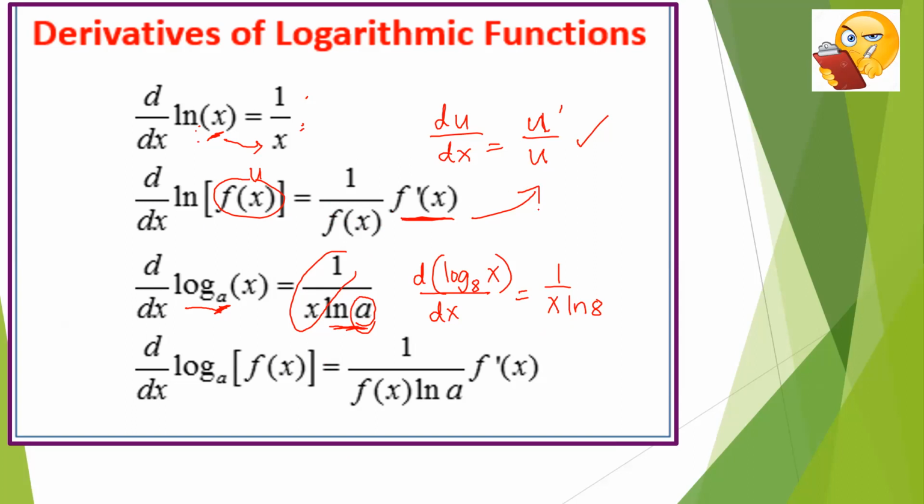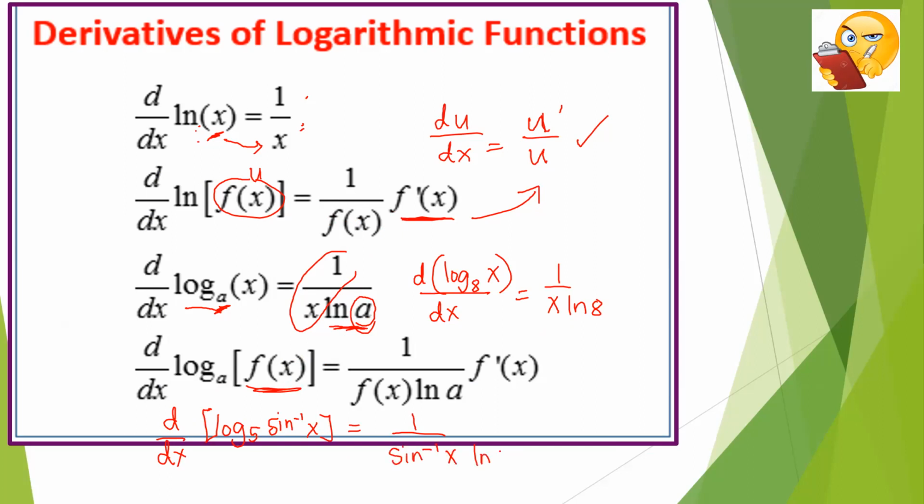So for example naman dito, you have u here. So derivative with respect to x of log to the base 5, favorite si 5, ano? Say of arc sine x. Di ba ang formula natin, yung function of x, lagay lang natin sa baba. So, 1 over arc sine of x.